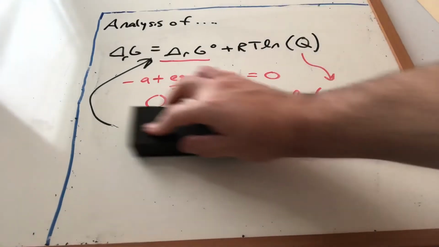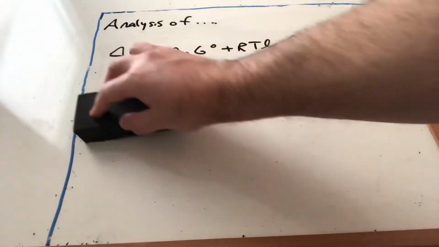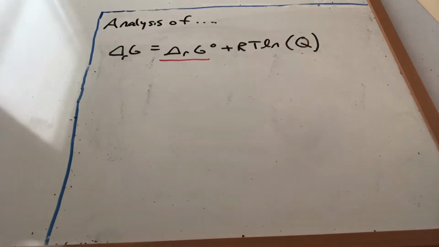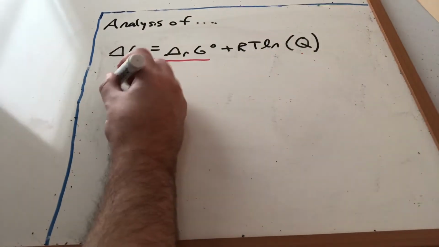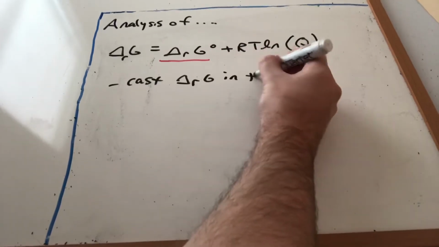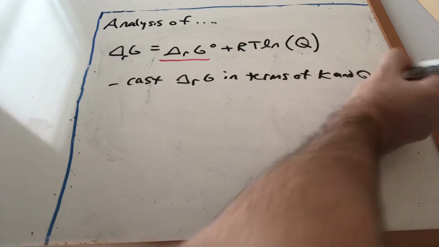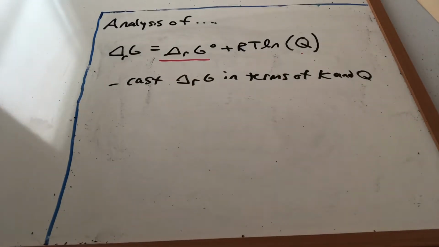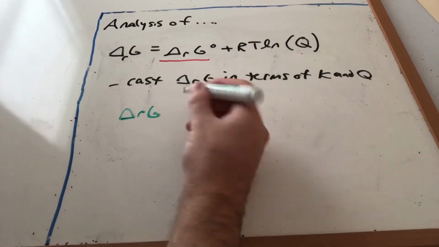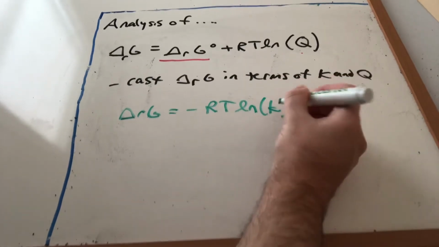So let's do that, and let's cast delta reaction G in terms of not just Q, but in terms of K and Q. I'm going to make that substitution there: delta reaction G is equal to minus RT, the natural log of K.